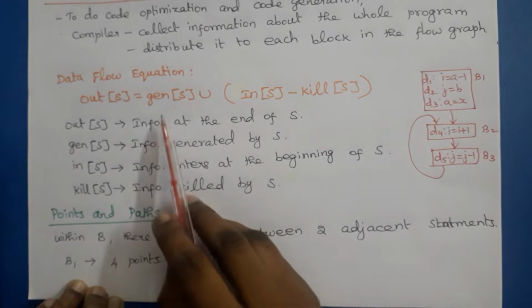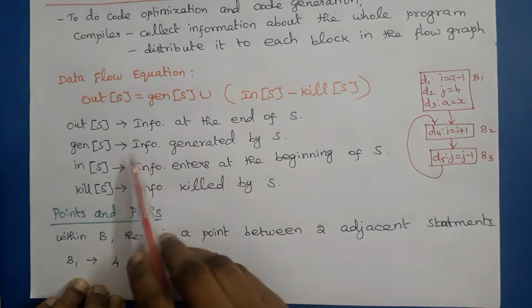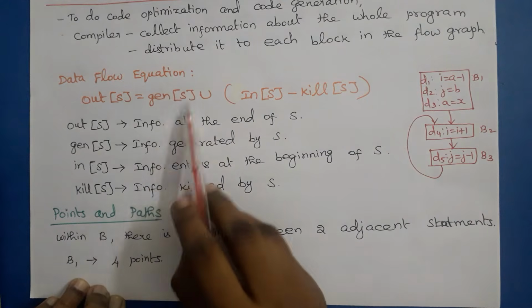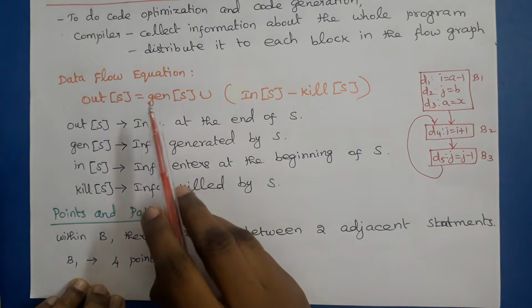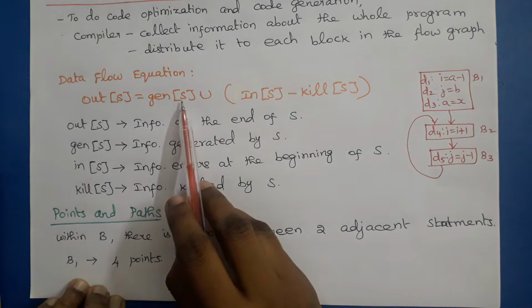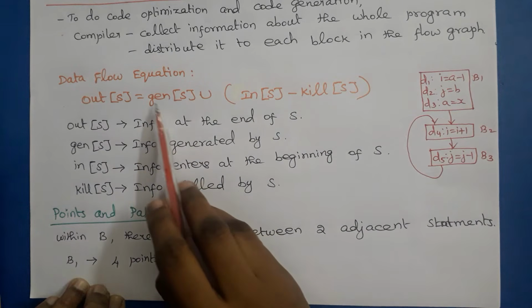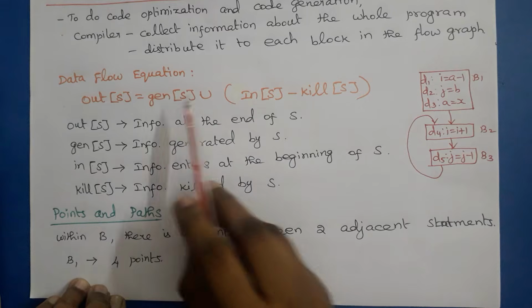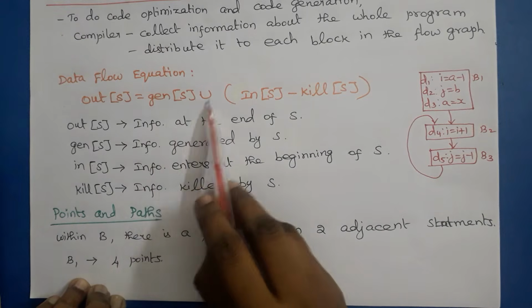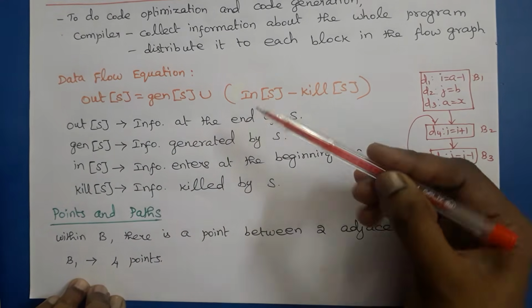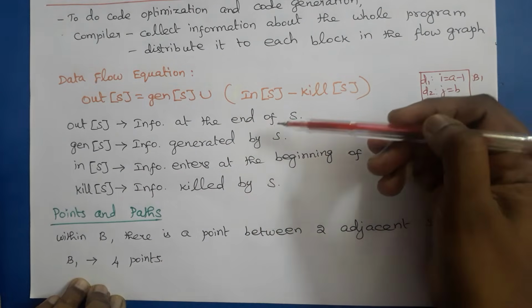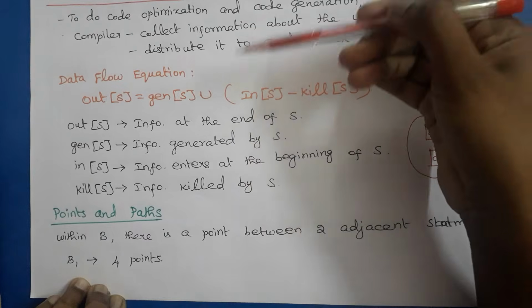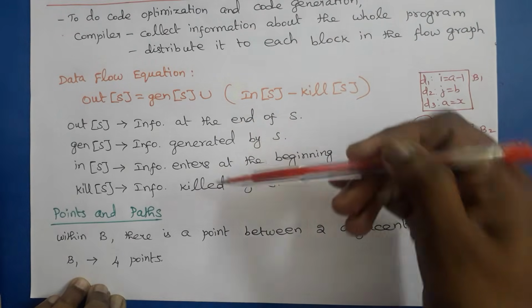So out of S, the information available at the end of a statement S, can be calculated by gen of S, the information generated by the particular statement S, union, because that information will definitely be available at the end of statement S, right? Because it is generated within that statement only. Union, some information may come as input for the statement from the previous statements or previous block.